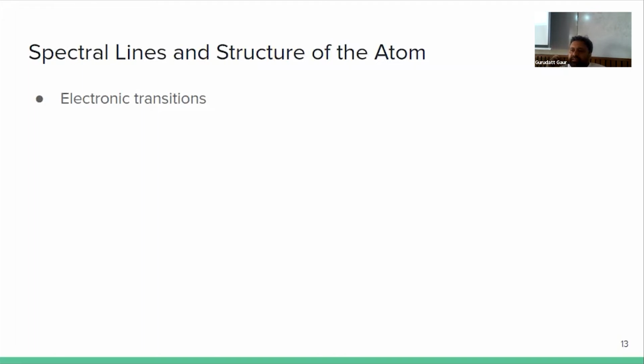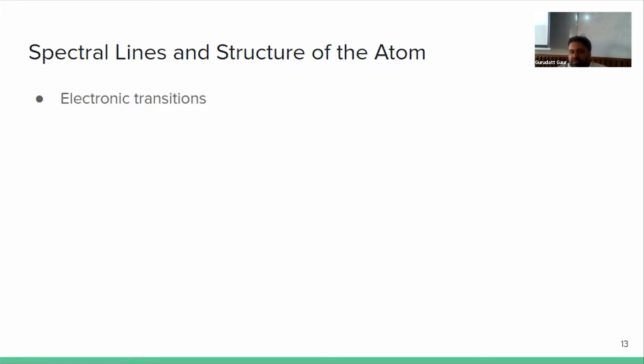Now if you give energy to the atom, the electrons will take that energy and go to higher orbits, and when they release that energy, they will release photons. The energy of the photon will be the difference between the energy levels: E2 minus E1 is equal to h-bar nu, or h-bar omega, or h nu.